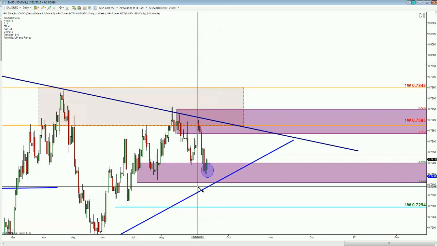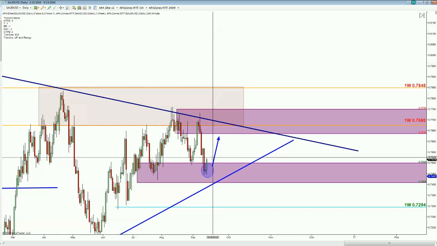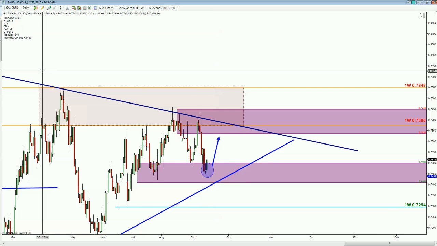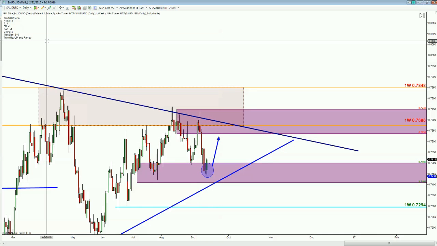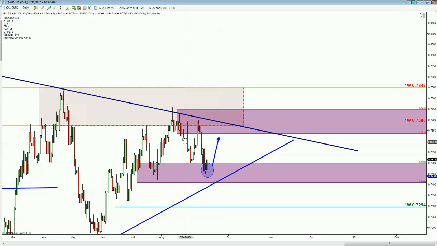Now, as we're looking at this, I'm looking to play the extremes of the range. Either way that it goes, I'm looking to play the extremes of the range, and buy low, sell high, buy in the direction of the trend, or trade in the direction of the trend. Do what you oughta, and keep it nice and simple here.